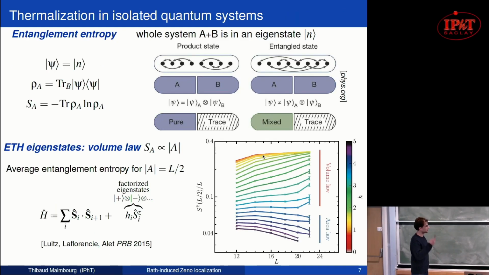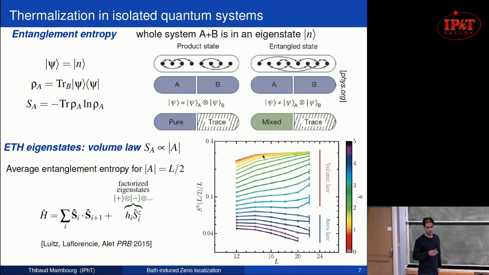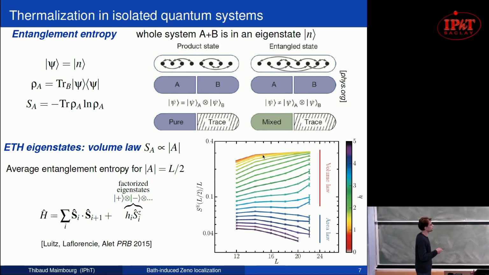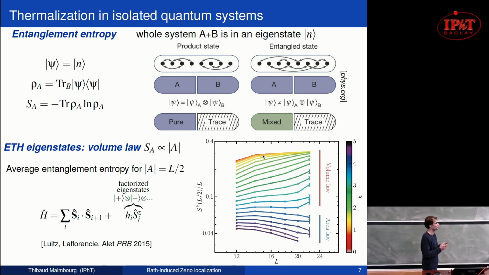Now another thing, just a feature of thermalizing isolated systems, that I have to define a bit because I will use it later on, is the so-called entanglement entropy. The idea is that you have the isolated system, let's say in some state psi, an eigenstate for example.